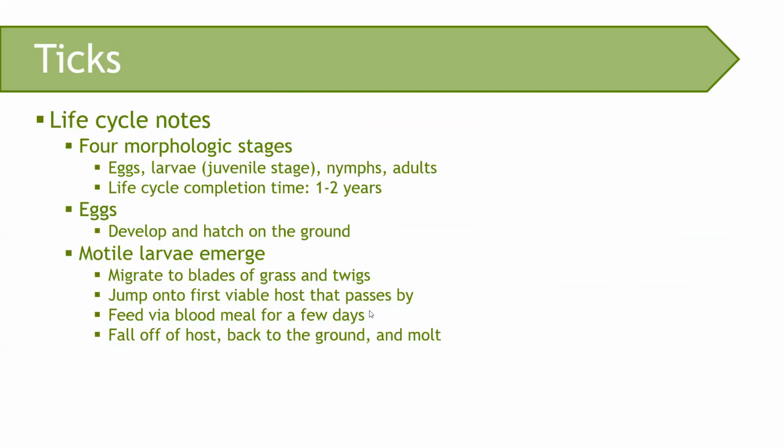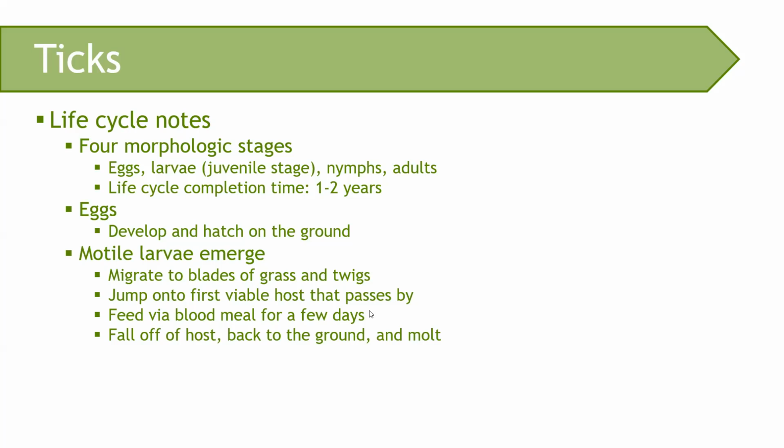Well, of course, there are four morphological stages of the ticks: the egg, the larva, which is also considered the juvenile stage, the nymph, and the adult. Usually, the life cycle of ticks takes 1 to 2 years.